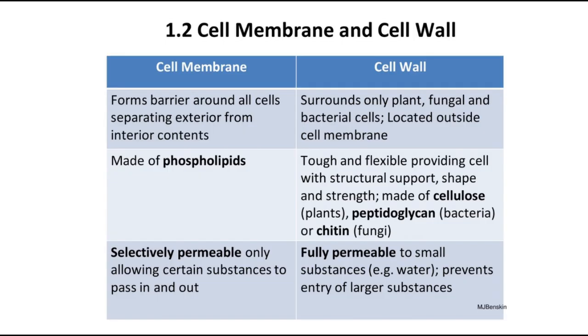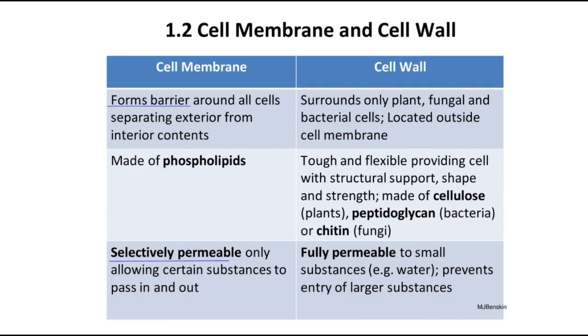It forms the barrier around all cells, separating the exterior from the interior contents. That's the purpose of the cell membrane. We can also talk about the fact that it is selectively permeable to control what's entering and leaving the cell, only allowing certain substances to come in and out.